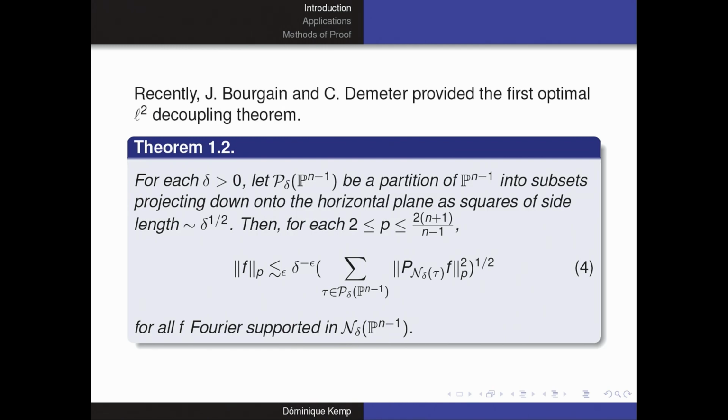And for each of those subintervals, you have a corresponding Fourier projection. And these are the P_n delta taus that I have here. And so those occur on the right side of the inequality. And for any function f that lives on the frequency side within delta of the parabola, this will be true.